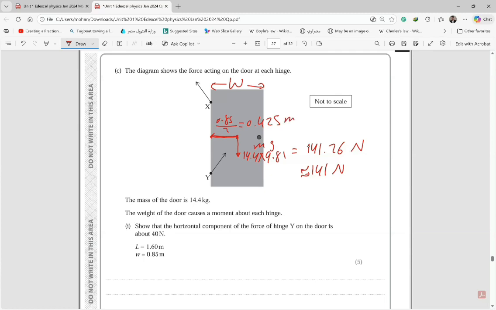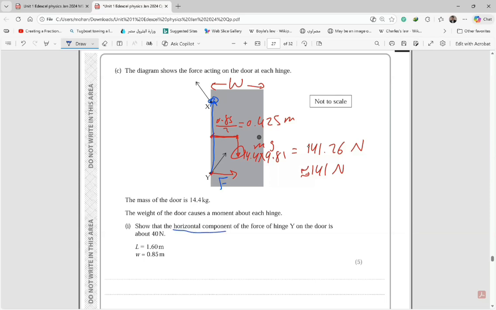This is the weight which acts at this distance. And in equilibrium, the force is acting horizontally on Y. Okay, and it is acting here. If we consider X is the pivot, we consider all of this distance in the arm.